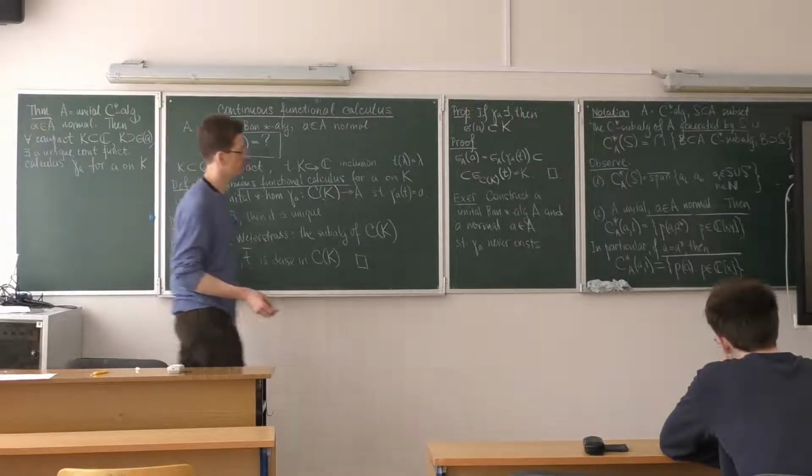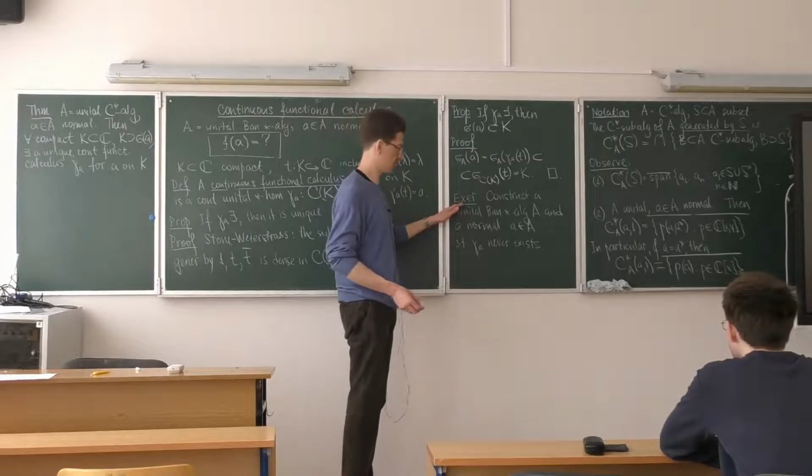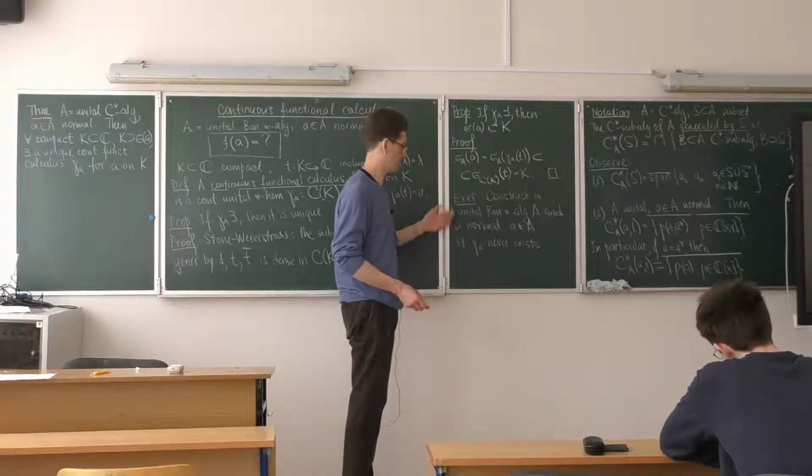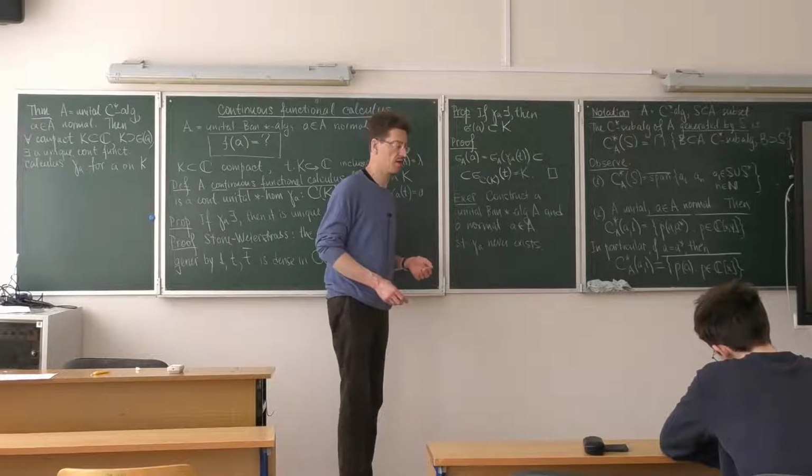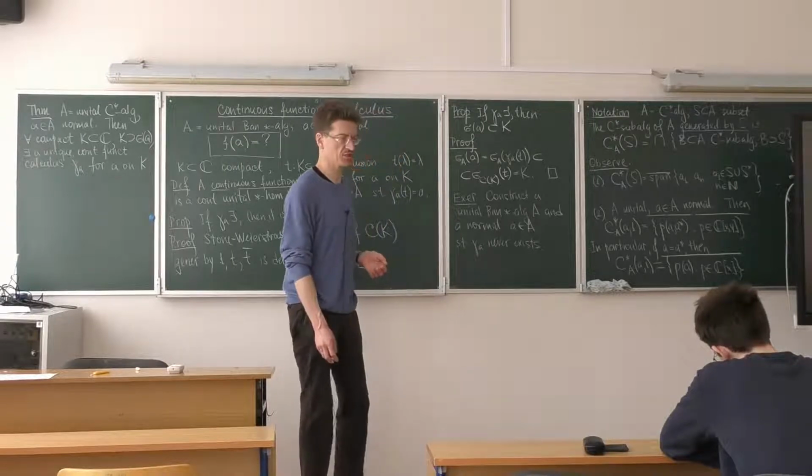So if we look again at this exercise, you see that to construct such an example, we have to take a unital Banach star algebra which is not a C-star algebra.